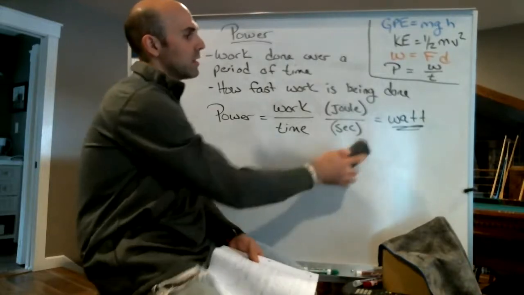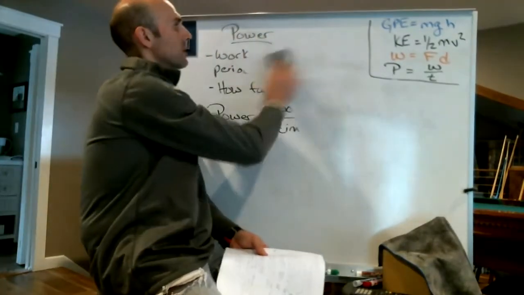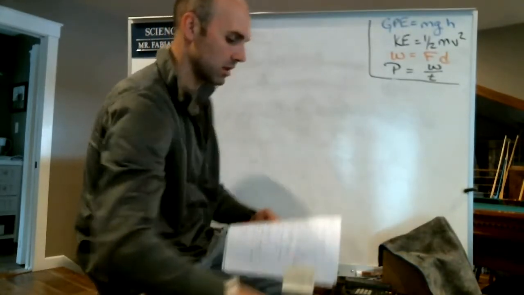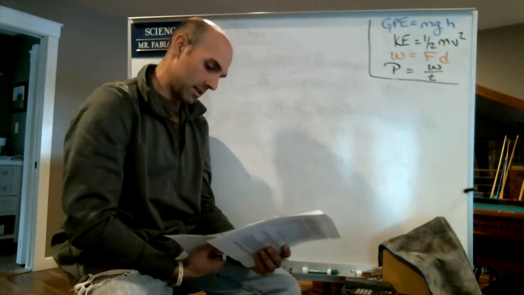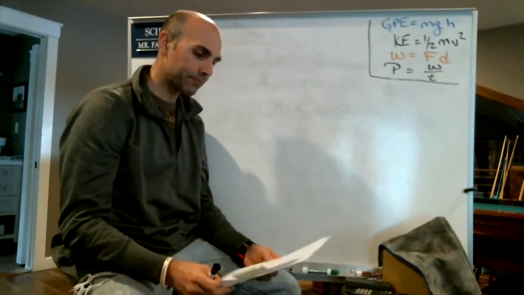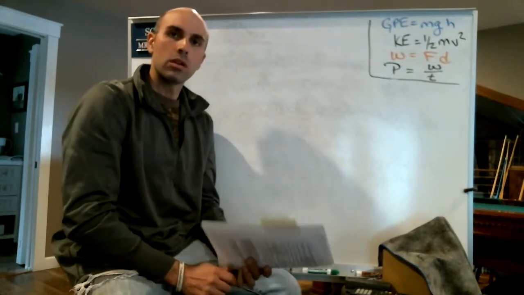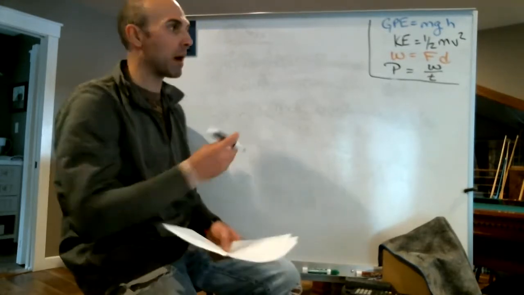Okay, guys? So, one other little part today that I'd like to go over is, let me do two little practice problems here, one with work and one with power.